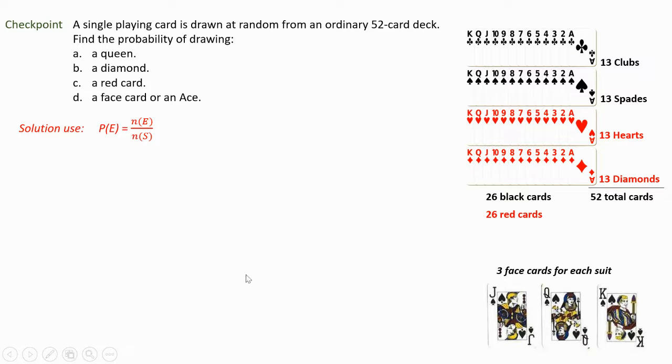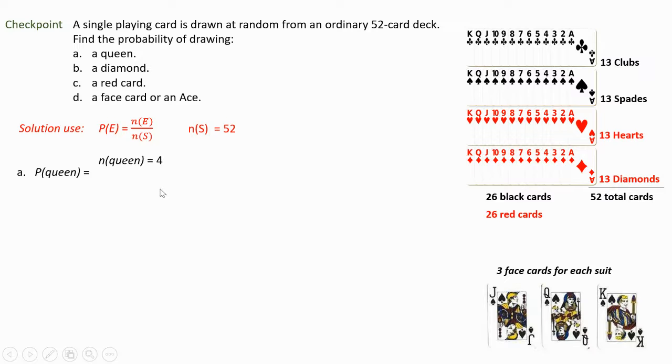Okay, now let's start with part A of the checkpoint. We know the sample space is 52 because there are 52 cards total. So for the probability of a queen, how many queens are there? There are 4 queens, one for each suit: the queen of clubs, spades, hearts, and diamonds.